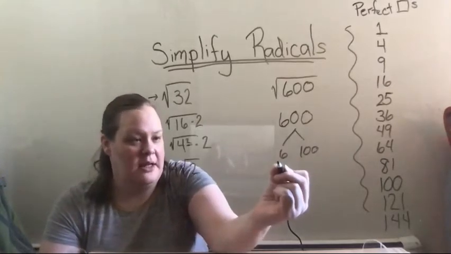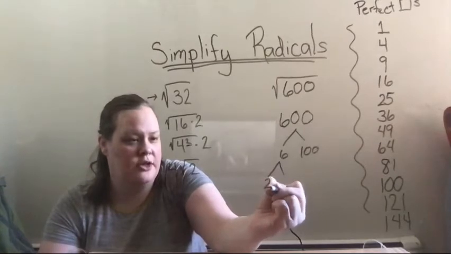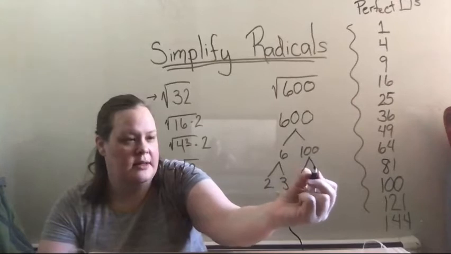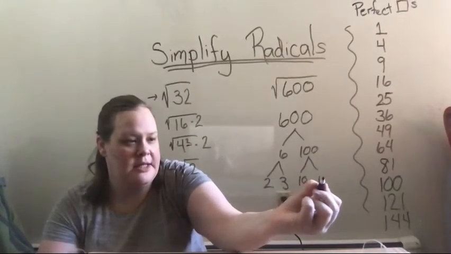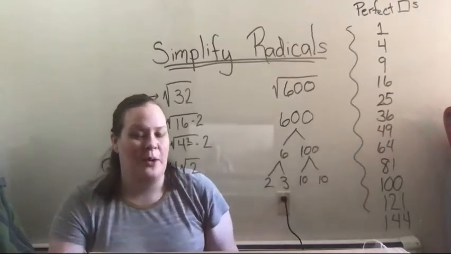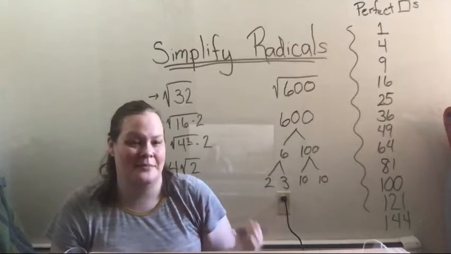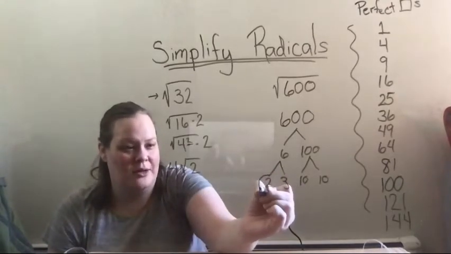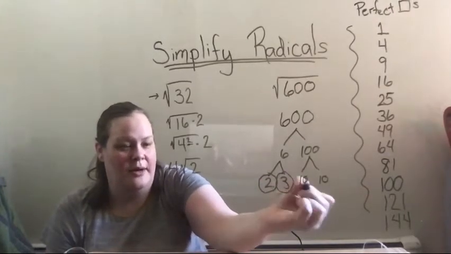So then I do the same thing to both of these. So 6, I think, well, that's a 2 and a 3. And this 100 is 10 times 10. Now what I like to do is, anytime I get to a number that I can't break apart anymore, I just like to circle it so that I remember it's there, but I might be simplifying other numbers more.